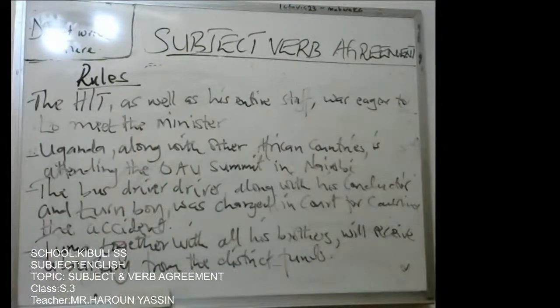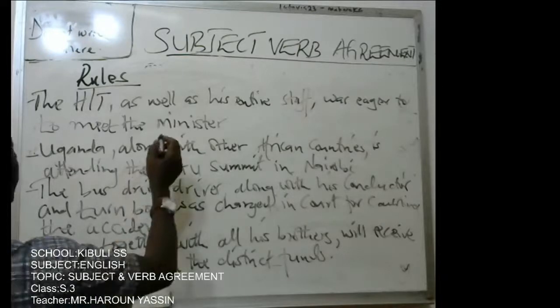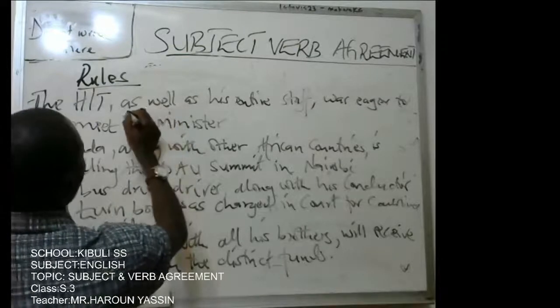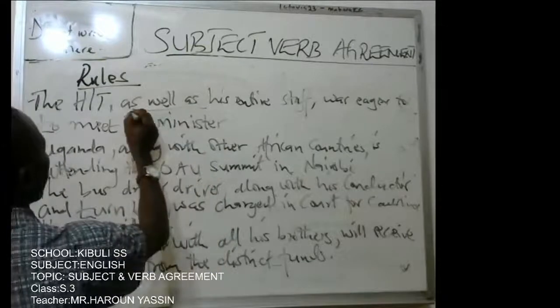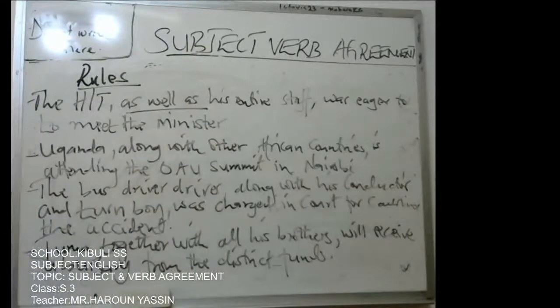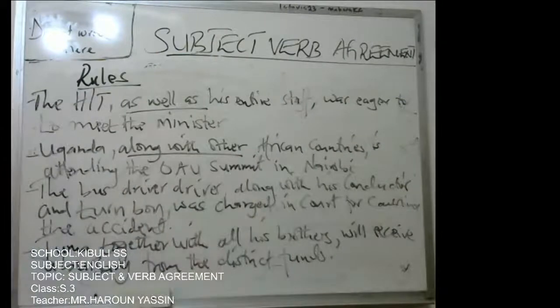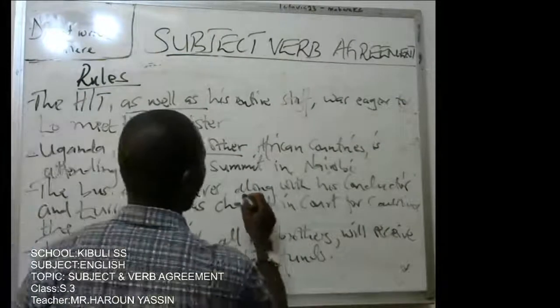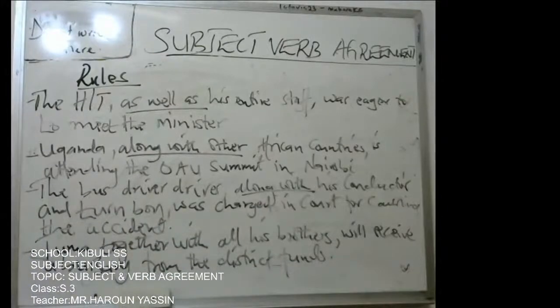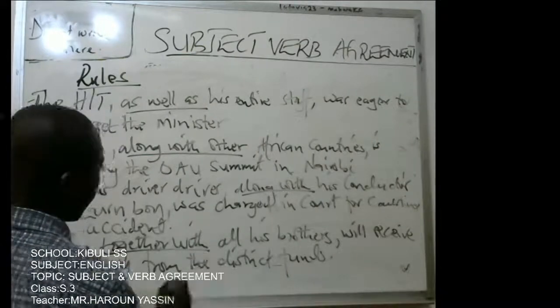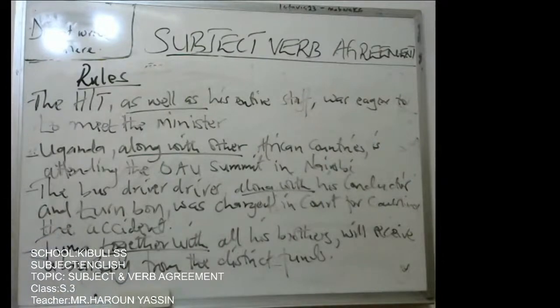Okay, look at all these sentences here. I'm going to underline these phrases here, as well as, along with, still we have along with in the third sentence, and then we have together with in the last sentence, that's the fourth sentence.